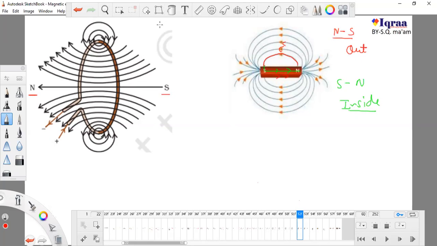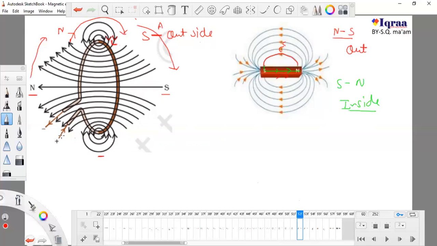Why so? Look at case A, how they are moving: they are moving north to south outside.